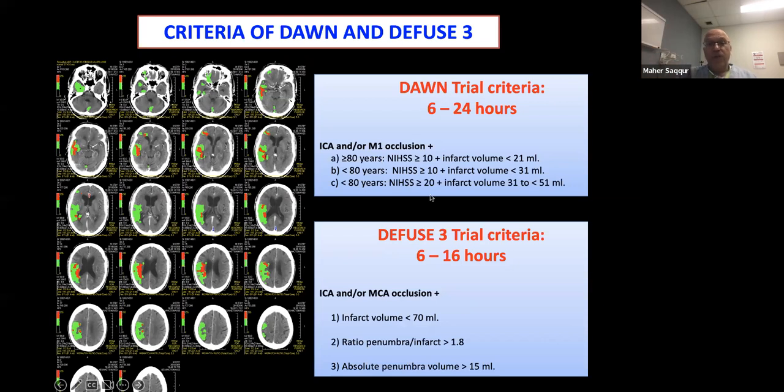As you see, you need a significant deficit with an NIH stroke scale of more than 10 to be included in the trial. But in general, you need an NIH stroke scale of 6 or more to consider mechanical thrombectomy, and case by case, because this is a very interventional procedure, you need to reserve it for patients who have a significant deficit.